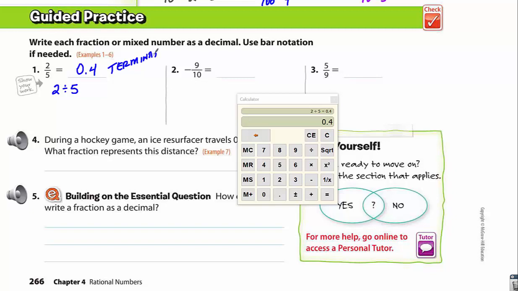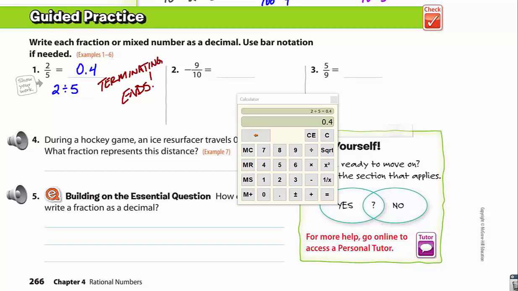That's a terminating decimal. It means it stops. So anytime something is terminating, it means it ends.